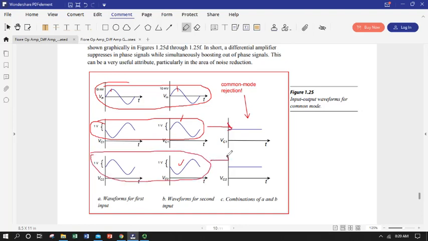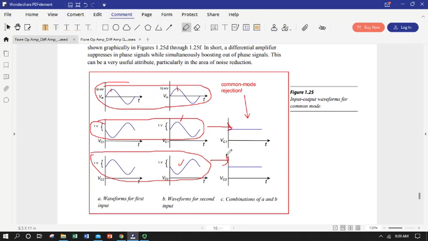So if I have common mode inputs, the same magnitude and in phase, that's what common mode means, same magnitude, same phase, coming in on both inputs, and I combine the outputs due to both the input signals, they completely cancel. Here's the reason this is important and why differential amplifiers are used as a front end for all of our op amps.